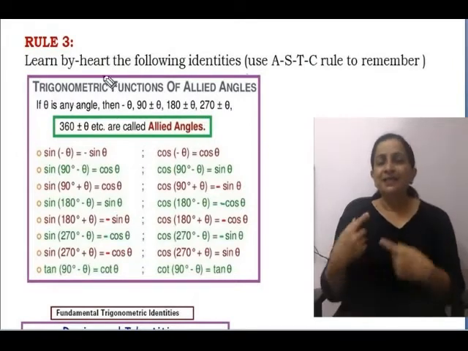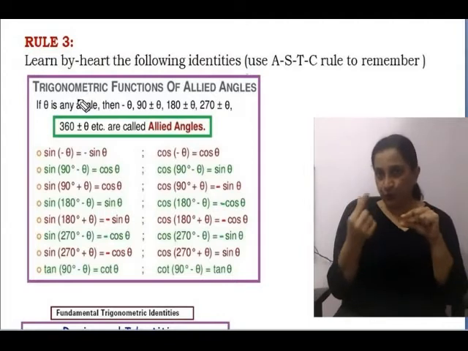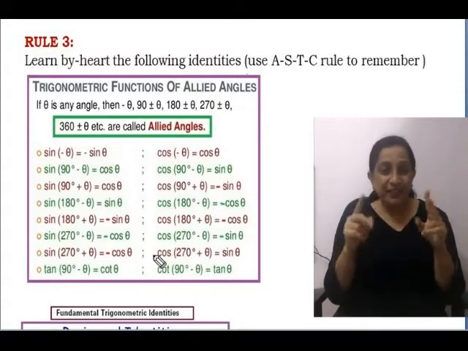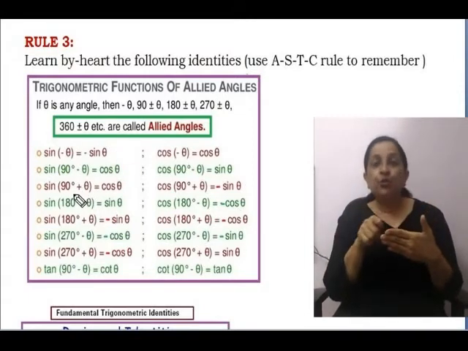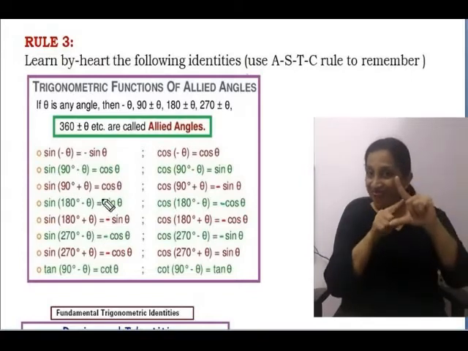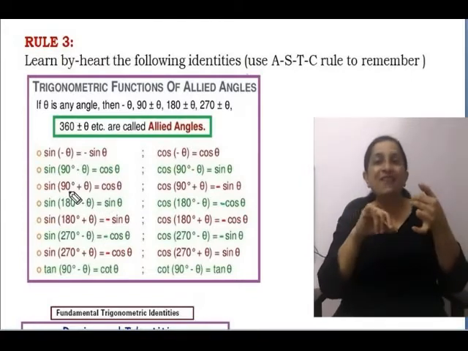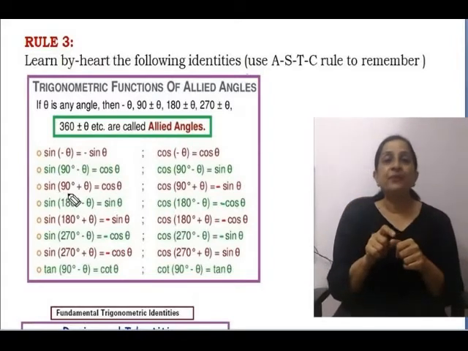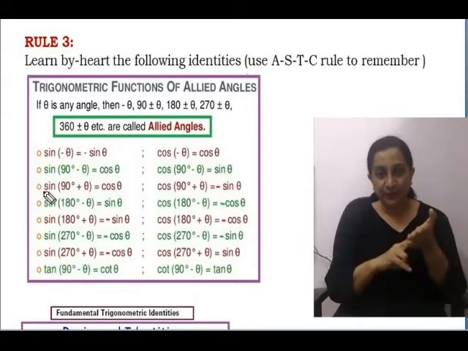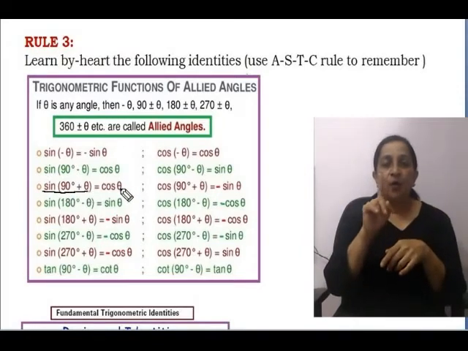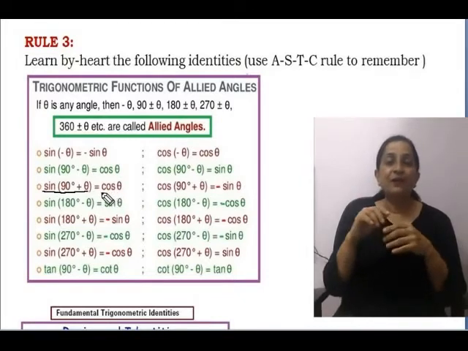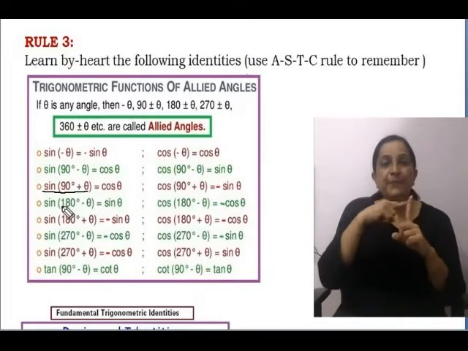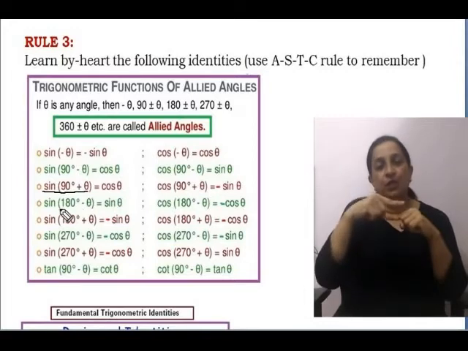Now using that same ASTC rule, you can see the detailed table is given here. Either you have to make it something plus theta or something minus theta, that is within one quadrant. Supposing you get sin 145, you can do it as 90 plus 55, or you can do 180 minus 35, both will be equal.